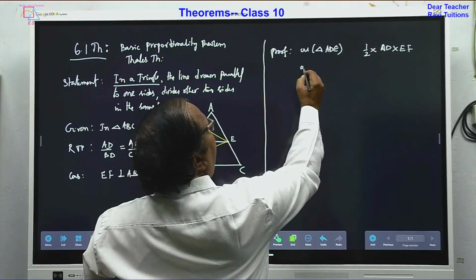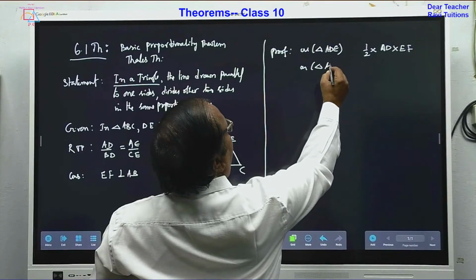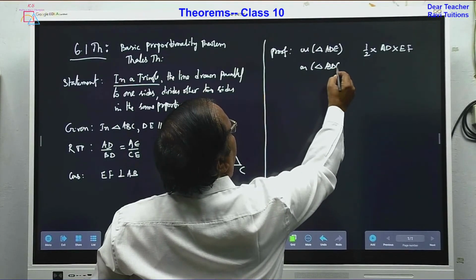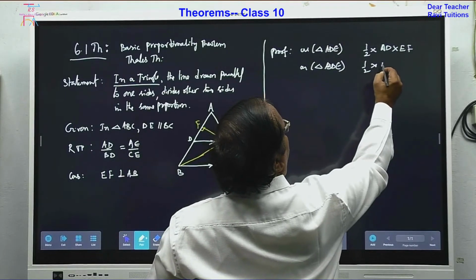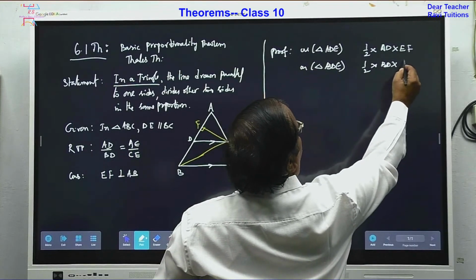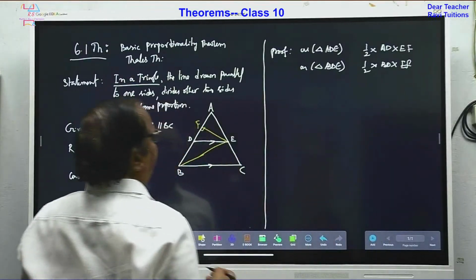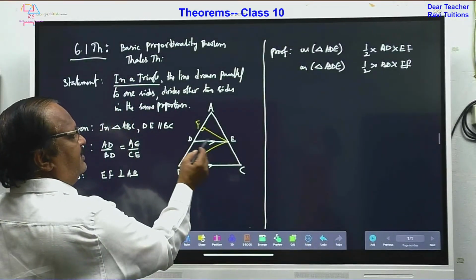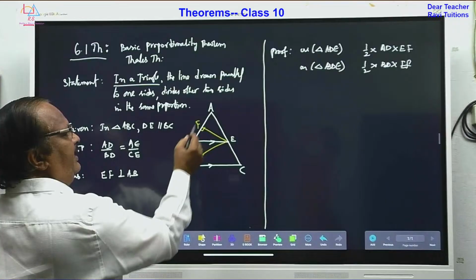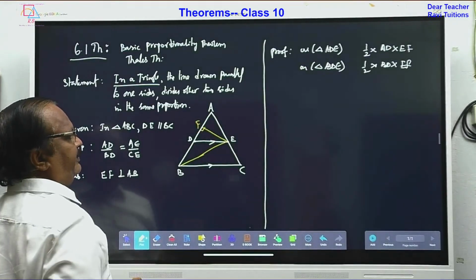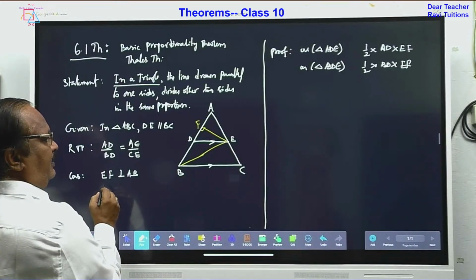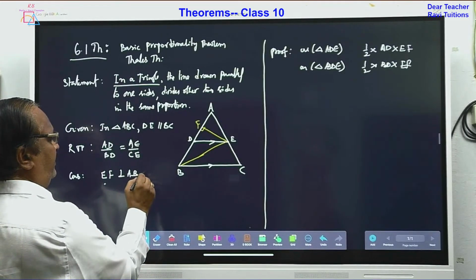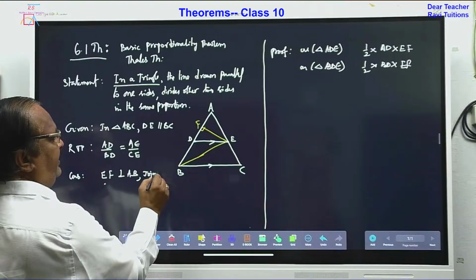So let me write the area of triangle BDE, half into BD into EF, because EF is the height for BD, for AD, for AB. So I have to write here: join BE.